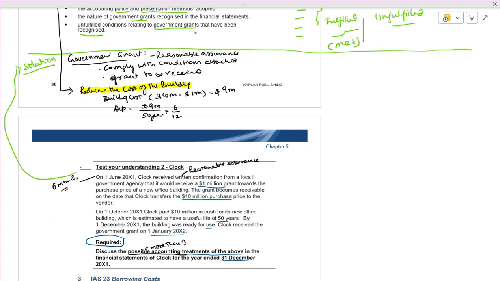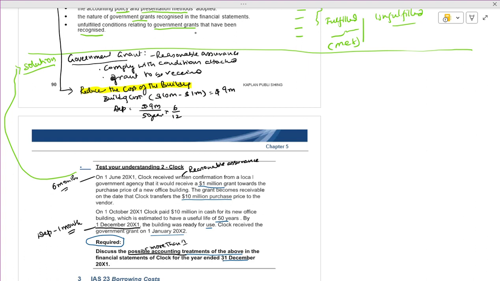June 1st, Clock received written confirmation. Fine. It has been ready for use on 1st December, so the depreciation will be for 1 month.